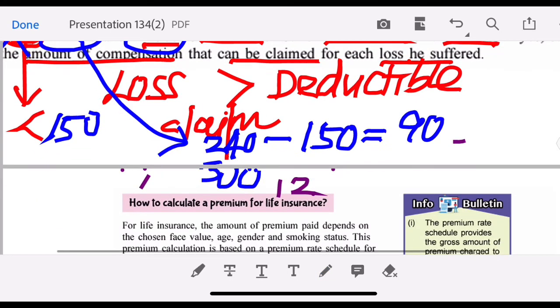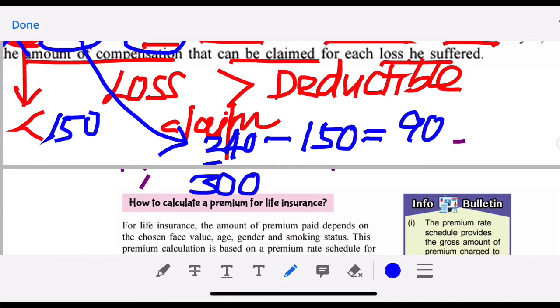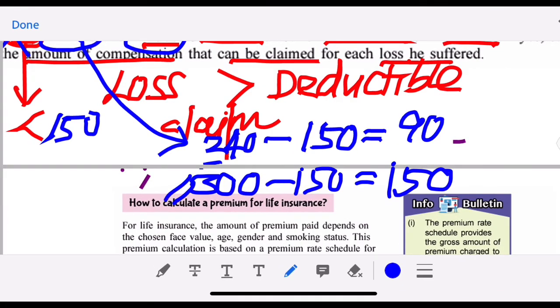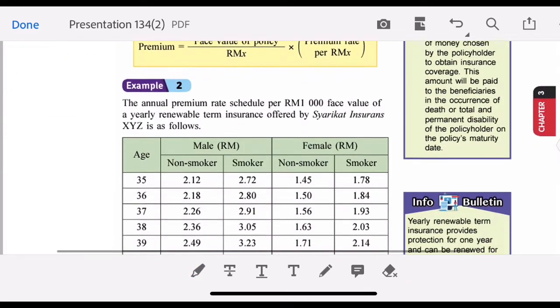So the difference is just 300 minus the deductible cost. So that means Saleh can claim 150 ringgit. Alright, so that is the so-called deductible amount that has to be borne by the policy holder, right? Okay, so we have completed question number 6. Now let's proceed to question number 7.